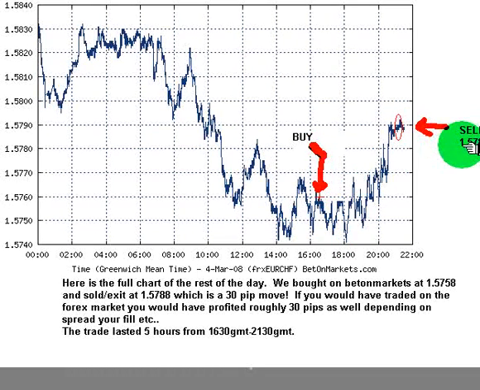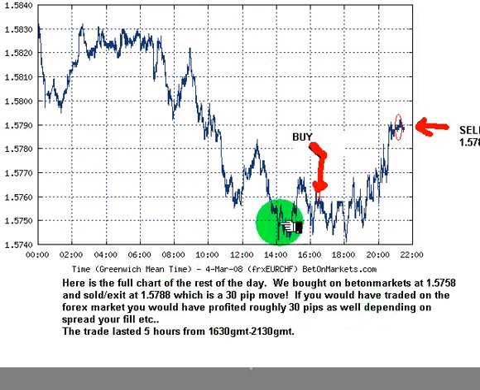Our fill price was at 1.5758. It was a 30 pip profitable trade on Bet on Markets, and if you would have traded on Forex, your profits would have been in that range as well, just depending on what your spread for your particular broker is.